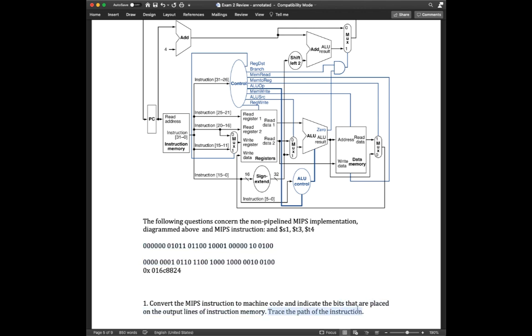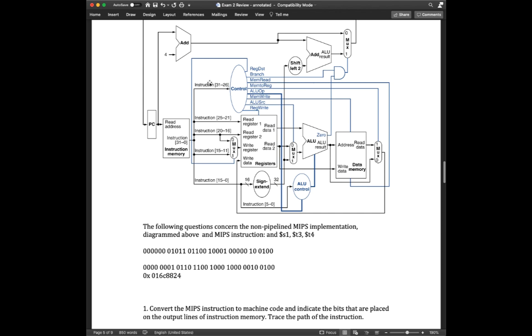I say trace the path of the instruction here. Well, I can't actually have you do that on an online exam, so I'll ask you more questions like what goes on here and where each of these bits go, and I'll ask you multiple choice questions about this. So where does the opcode go? The opcode goes up here to this main control unit. And then for an R-type instruction, we have RS and RT come in right here.